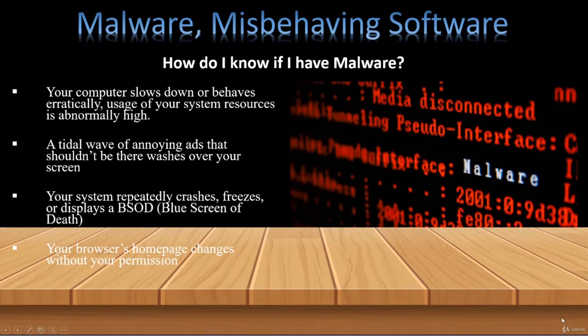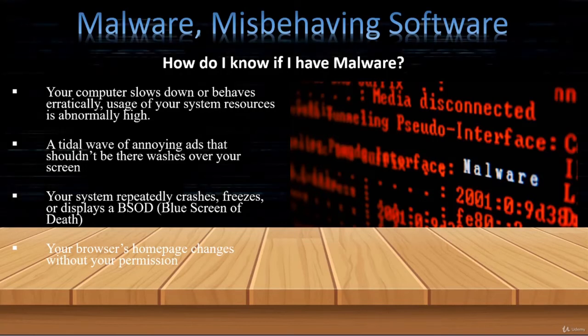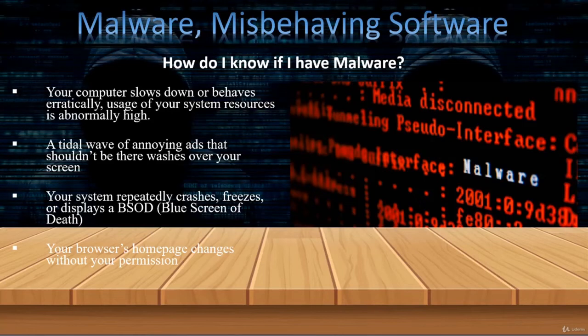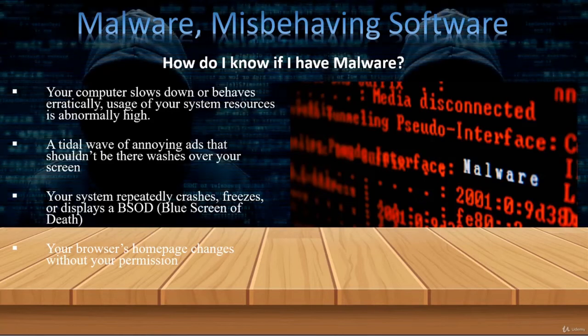So, how can you tell if you have malware on your machine? The most notable cue will be the performance of your computer or your device. Your computer will likely run slower and behave erratically. System fans will run faster or speed up due to the added activity caused by the malware.